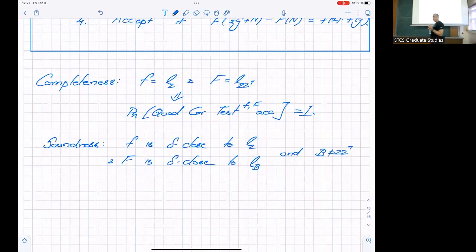For this, you need delta to be small enough so that Z and B are uniquely fixed by this. So this is delta less than half. No, 1/4.